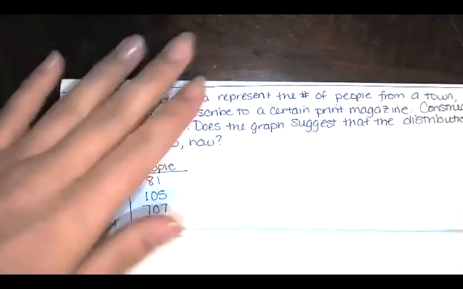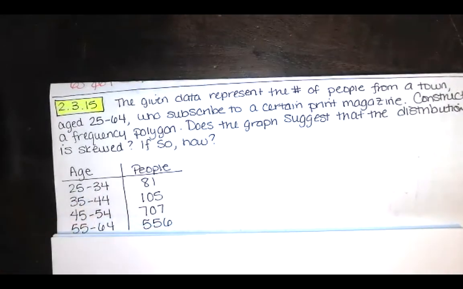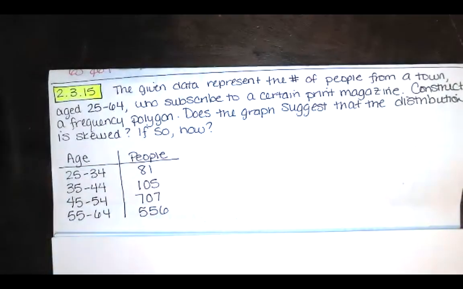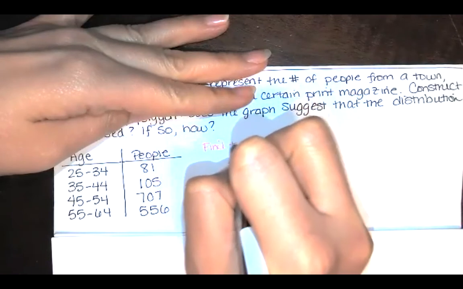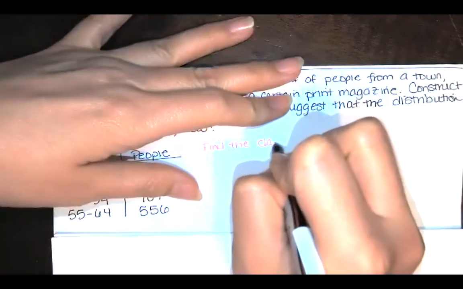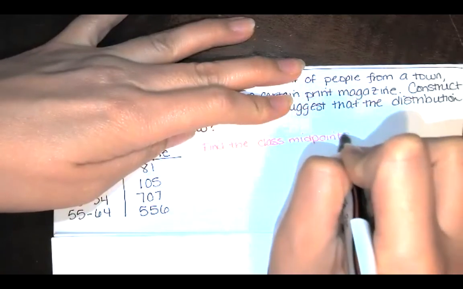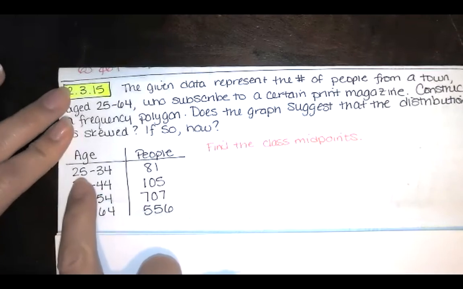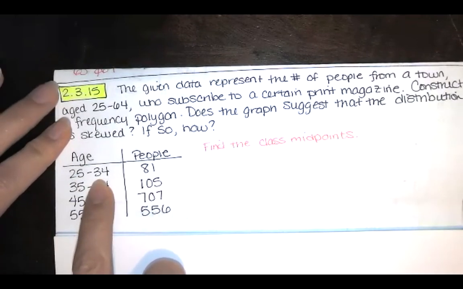All right, same question. The first thing that you want to do whenever you're constructing a frequency polygon is find the class midpoints of each of those classes. Now remember how that works. If you want to find the class midpoint of a particular class, you take the lower class limit and the upper class limit, add them together and divide by 2.